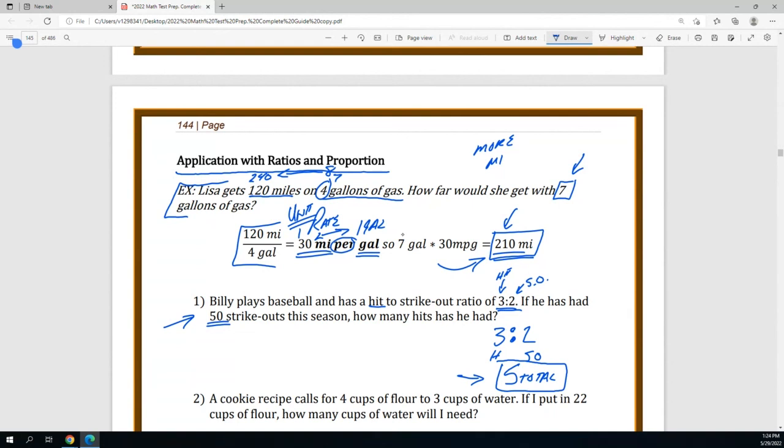So with that information, what would you do with this? If you know he's gotten 50 strikeouts, how many hits does that generate? Now, I don't really like to show the math. I would like students to come up with their own ideas. But I do want to point out a few different pieces of information that you can use. So give this a shot, see how you do.